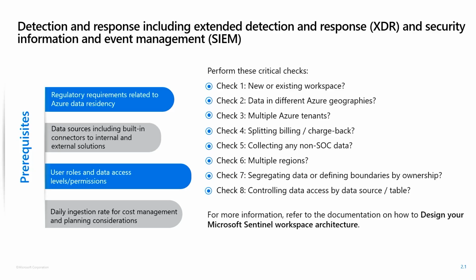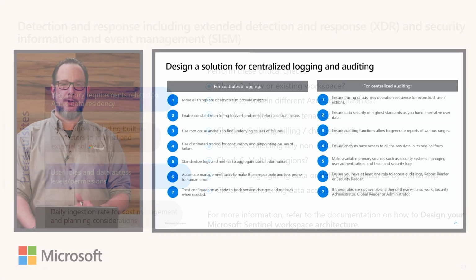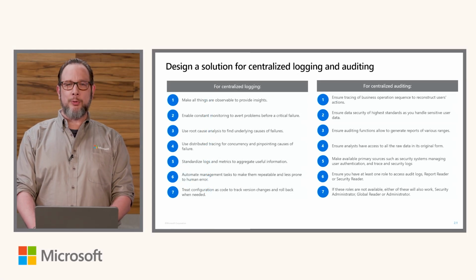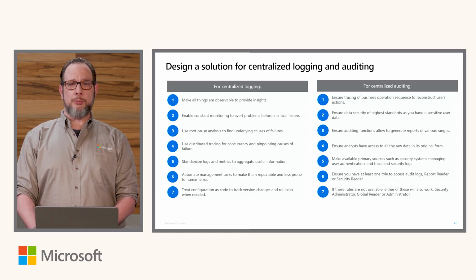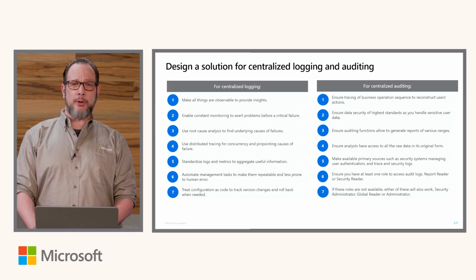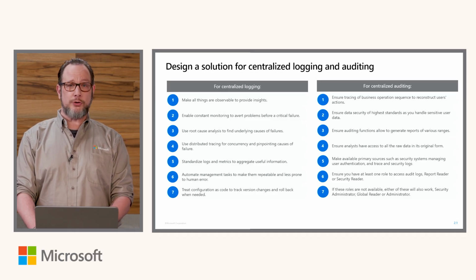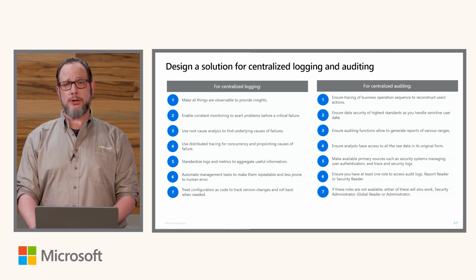Here is an overview of 8 critical checks, which could be relevant to understand what they actually entail. When designing for security operations such as XDR and SIEM, as discussed in the previous slide, having robust logging and auditing setup is a vital part of that overall security operations task that you need to perform.